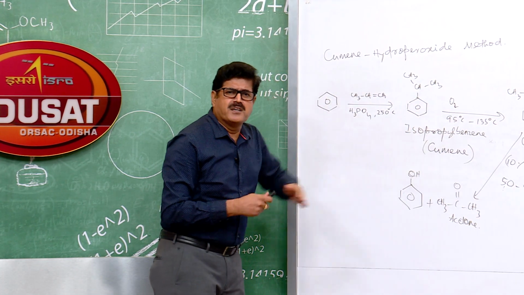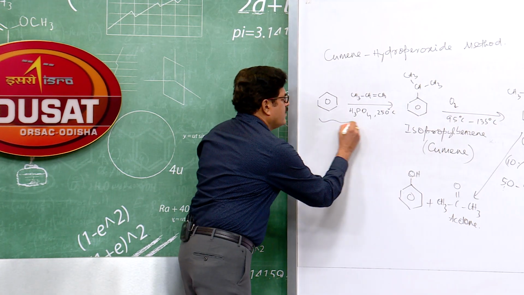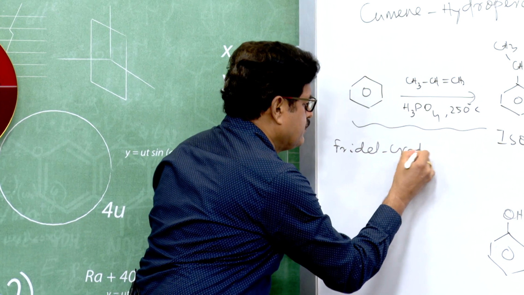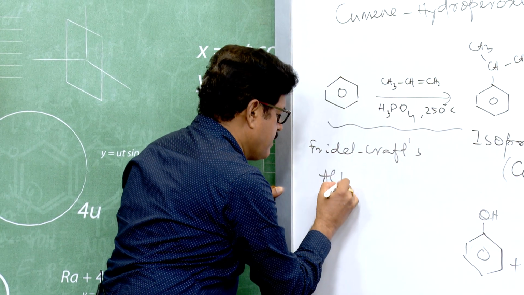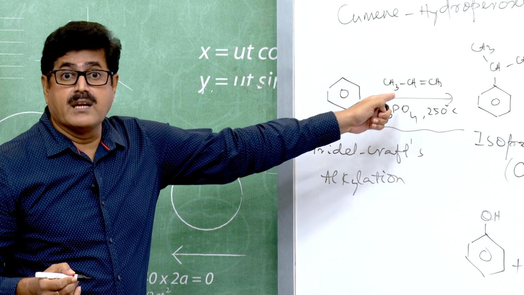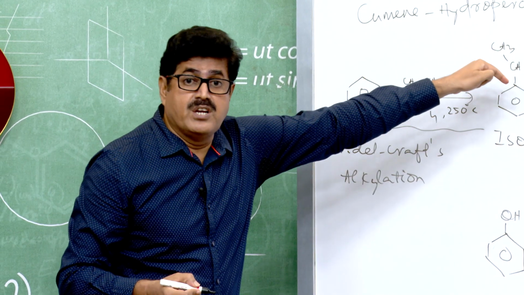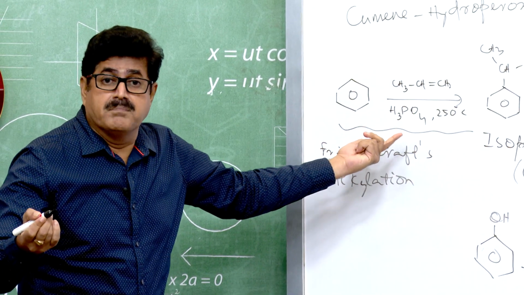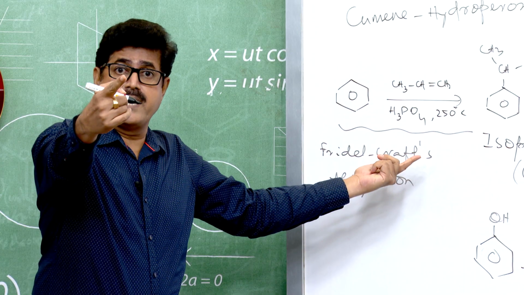This is an example of Friedel-Crafts alkylation. What is the alkyl group that is introduced? It is isopropyl. And what is the electrophile here? Because this is an example of electrophilic substitution reaction.